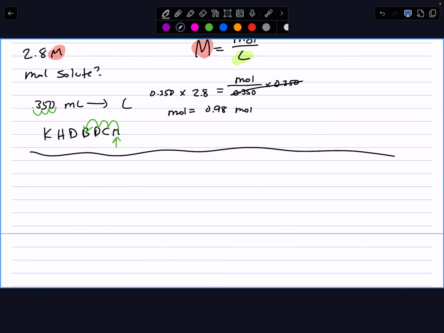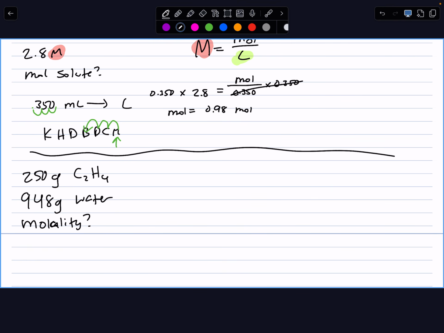Okay, what if I gave you this one? I have 250 grams of C2H4, and I'm dissolving it in 948 grams of water. What is the molality?